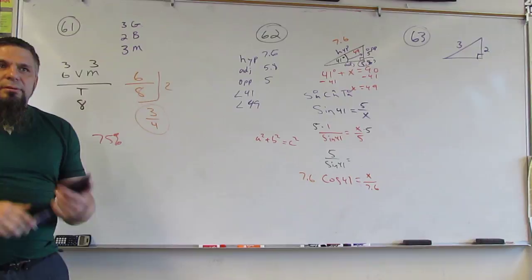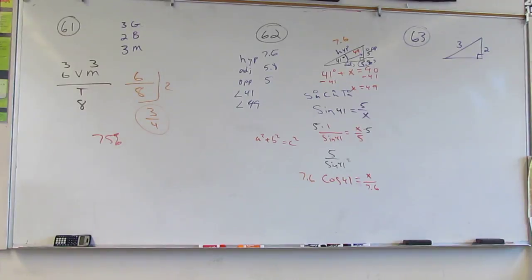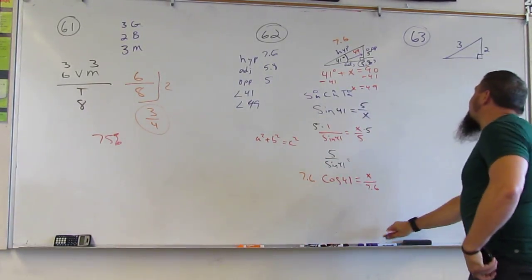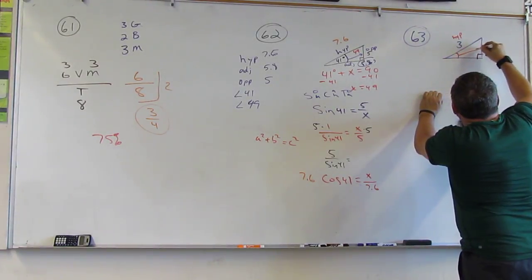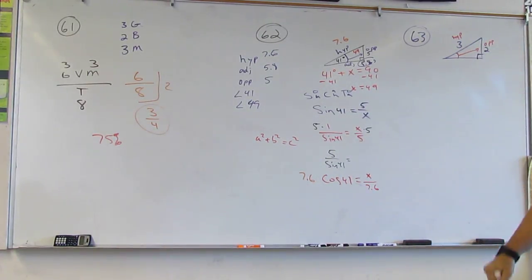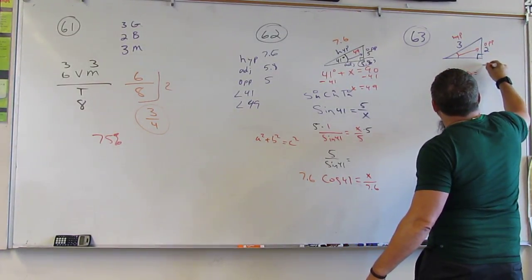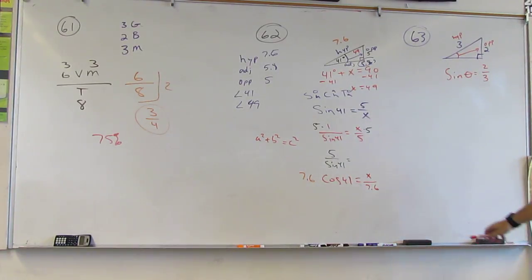There you go. Then you do the same thing with this one, except this one doesn't have any angles. Whatever it has, it has the hypotenuse, and if we're looking at this angle, it has the opposite side. So what has O and H? Sine theta equals opposite over hypotenuse. So the sine of theta is 2/3.